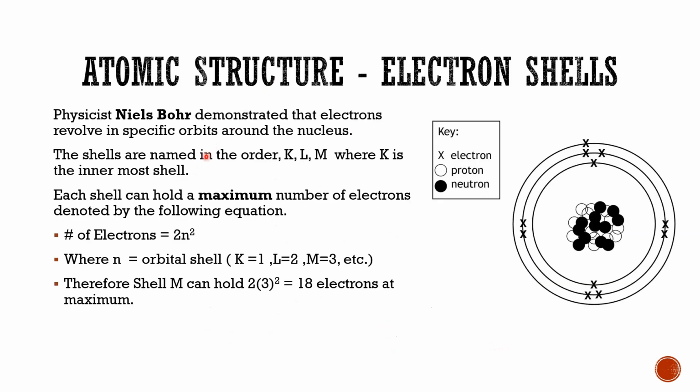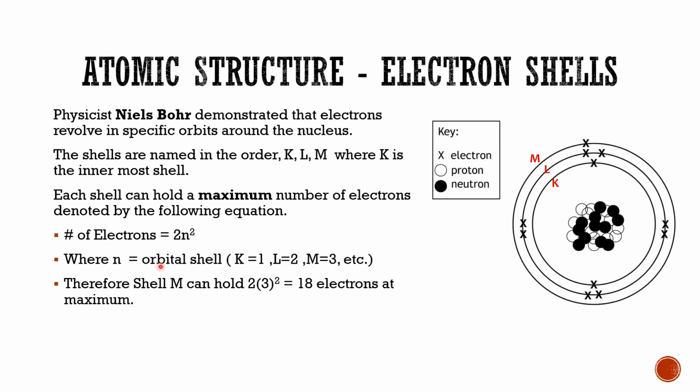As previously mentioned, the orbital shells are named in the order K, L, M, where K is the innermost shell. Each shell can hold a maximum number of electrons given by the following equation: number of electrons equals 2n squared, where n refers to the orbital shell, where K equals 1, L equals 2, and M equals 3.